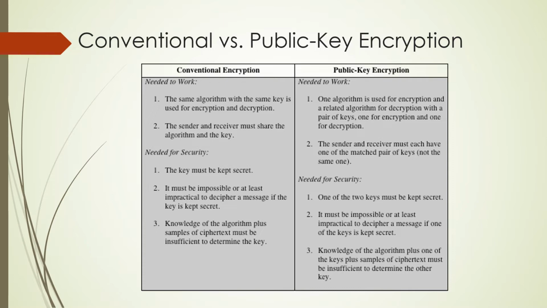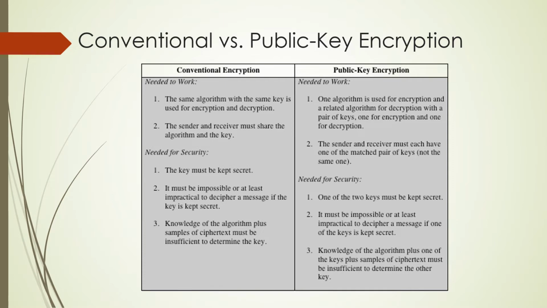So if you have two keys, one should be given to the sender, one to the receiver. And one of the two keys must be kept secret, otherwise there would be no security in this public key cryptosystem.